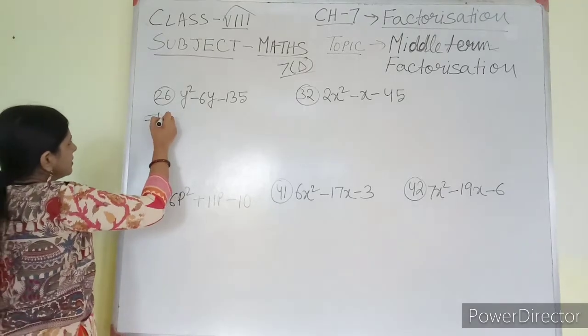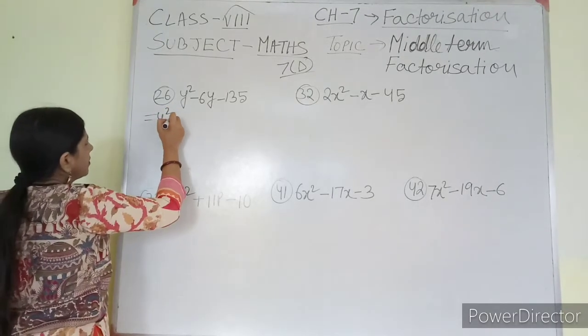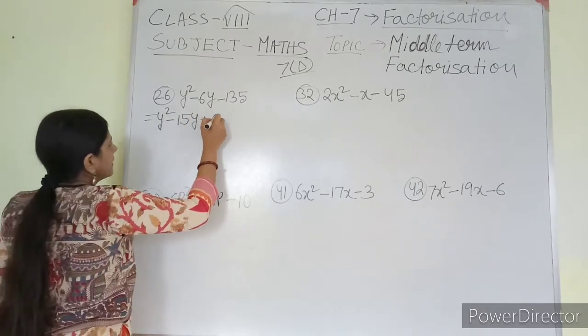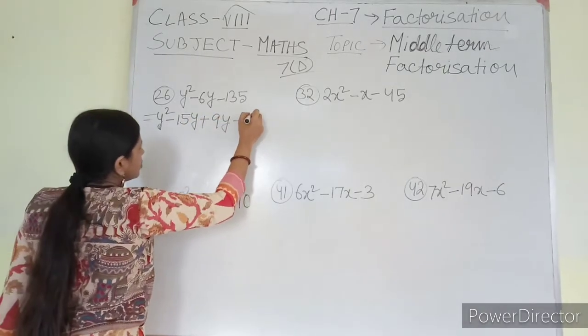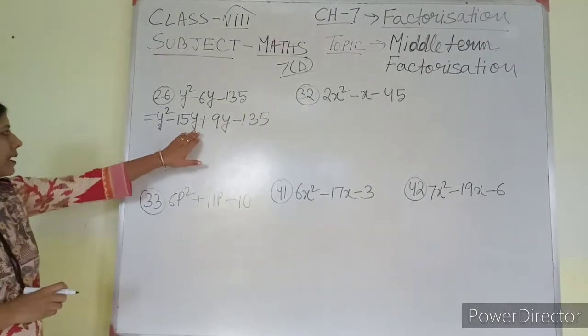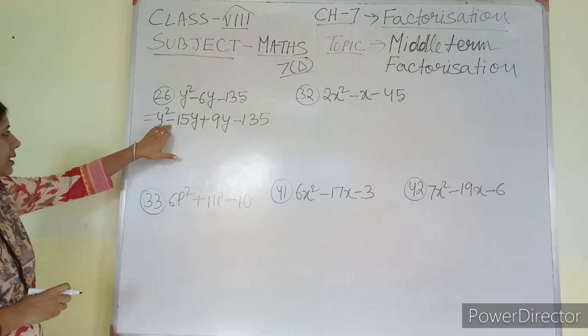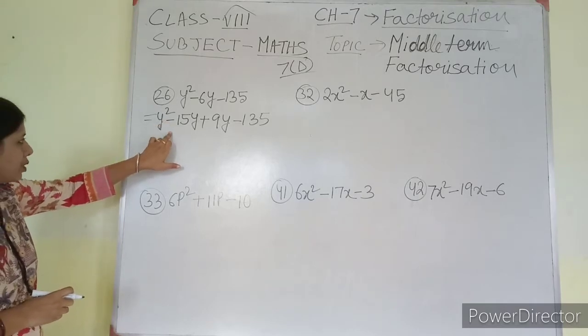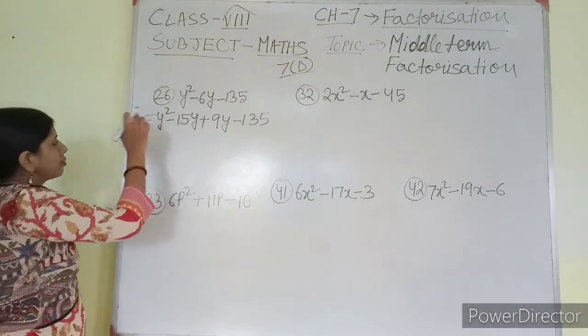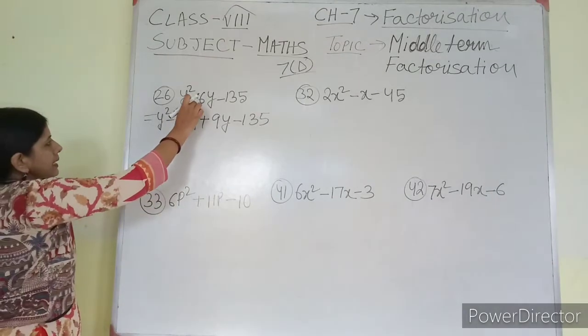So I am writing here y square minus 15y plus 9y minus 135. Here one thing you have to think: I have taken plus sign here and minus sign here, because plus minus is minus, but the bigger one is 15, so this sign is minus.